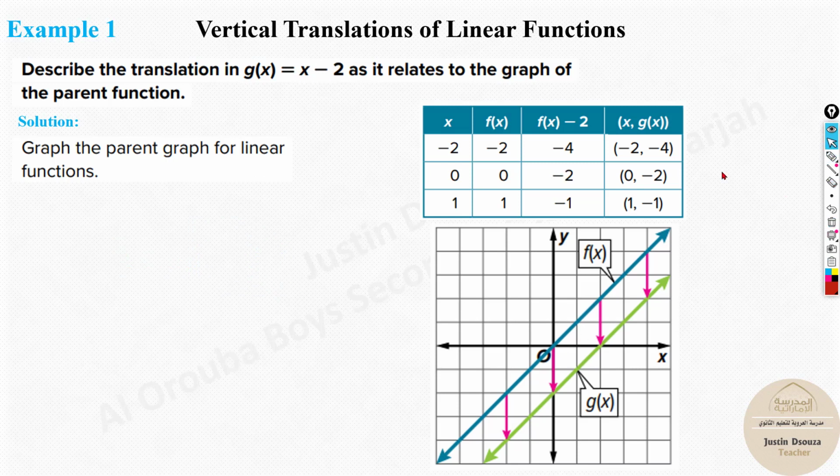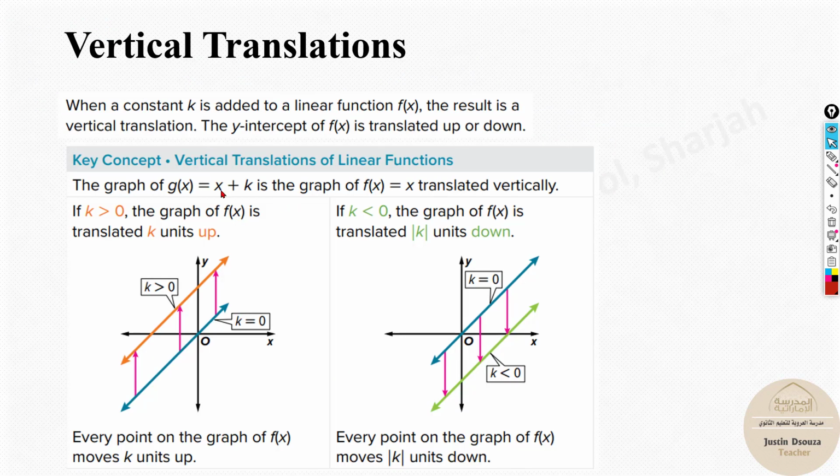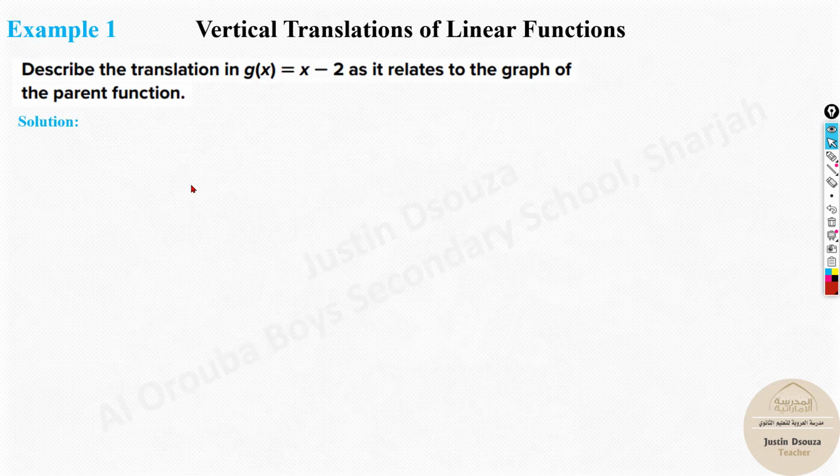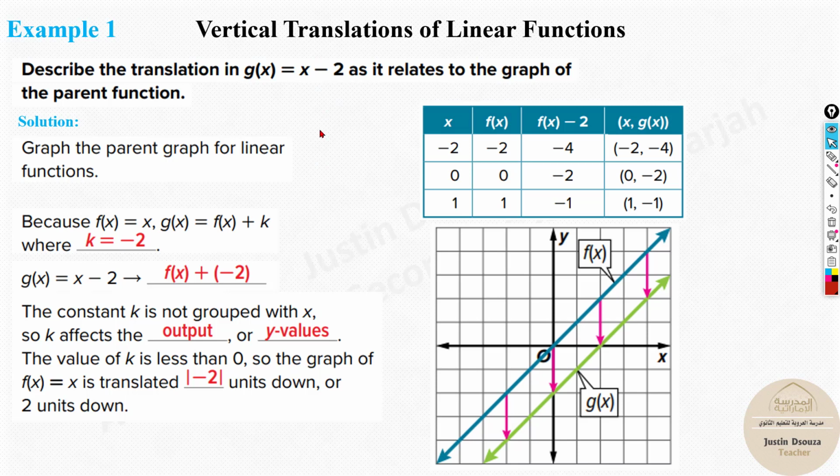Now one thing to remember is, see, whenever we write this, it is written like this, with k. The standard form for vertical translation is given by x plus k. So over here, after the graph, you can write what the k value is. It's minus 2. So the parent function minus 2 is the answer.